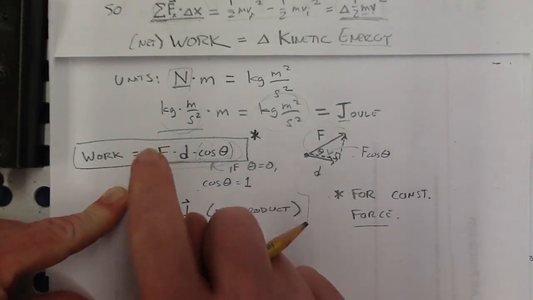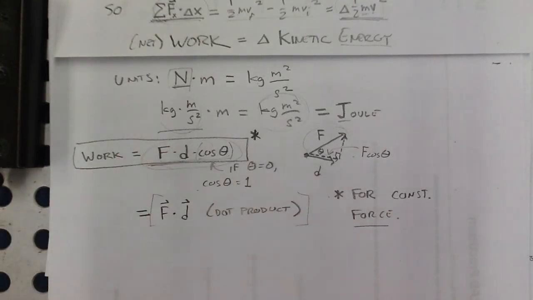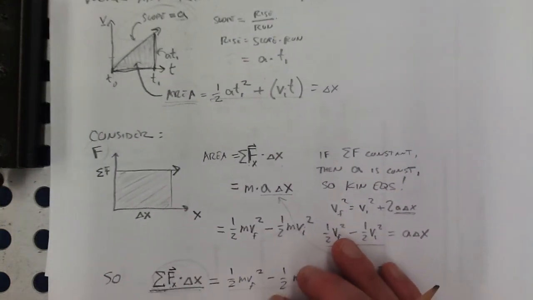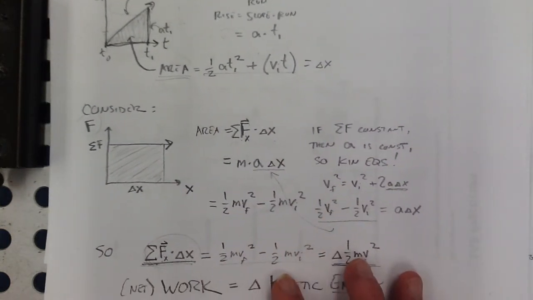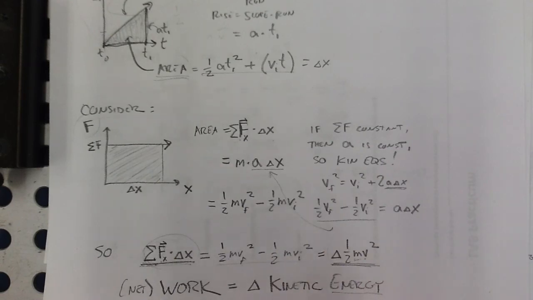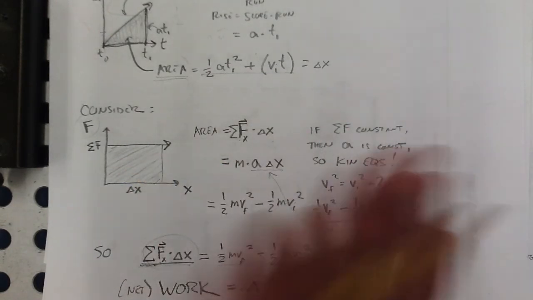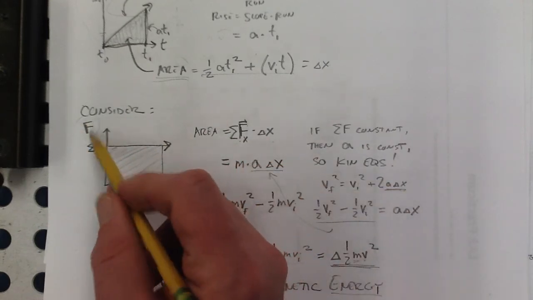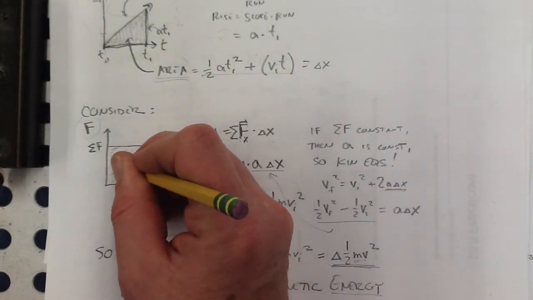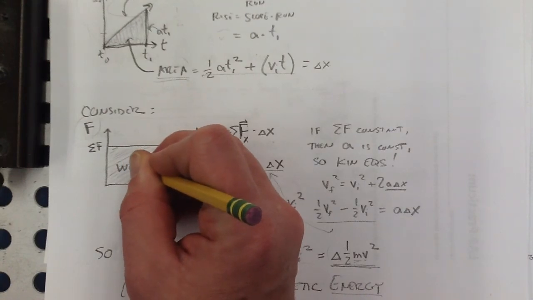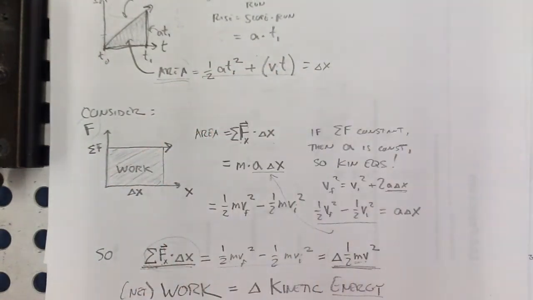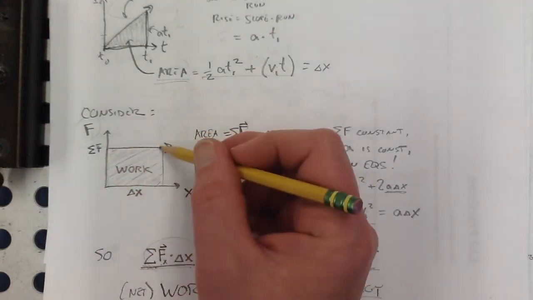There's another definition for this when the force is not constant, and it's going to depend on some calculus knowledge that you may or may not have right at this time. So I'll preview that, whether you know this or not. In general, since we're saying here that work is force times distance, that would be this area here.